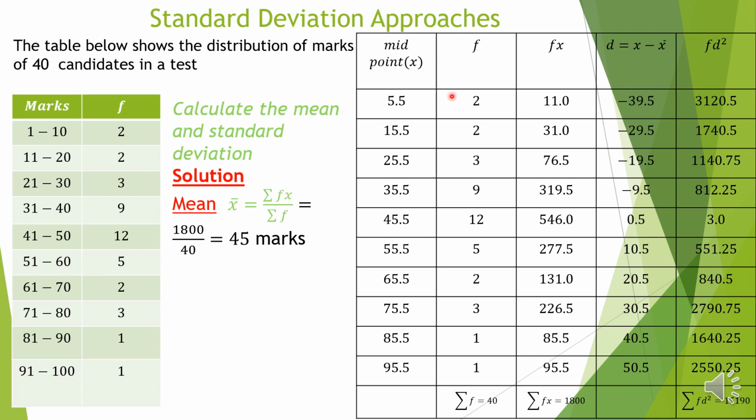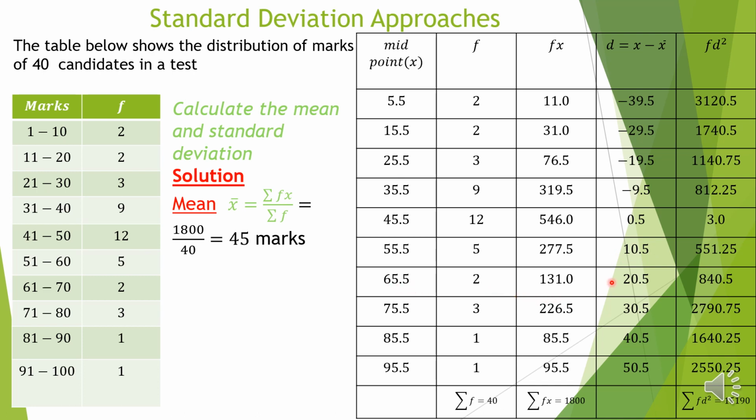So you'll be talking of 5.5 minus 45, which gives negative 39.5; 15.5 minus 45, negative 29.5; 25.5 minus 45, negative 19.5; 35.5 minus 45, negative 9.5; then 45.5 minus 45, we are getting 0.5; then 55.5 minus 45, we are at 10.5.